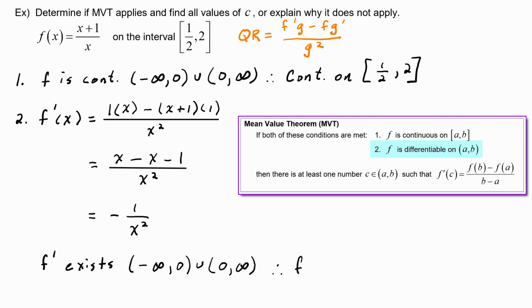Therefore, f is differentiable on a subset of this entire interval, which is the open interval 1/2 to 2. This interval would live completely inside this one. So that satisfies step 2 of the mean value theorem. So now we know the mean value theorem applies.